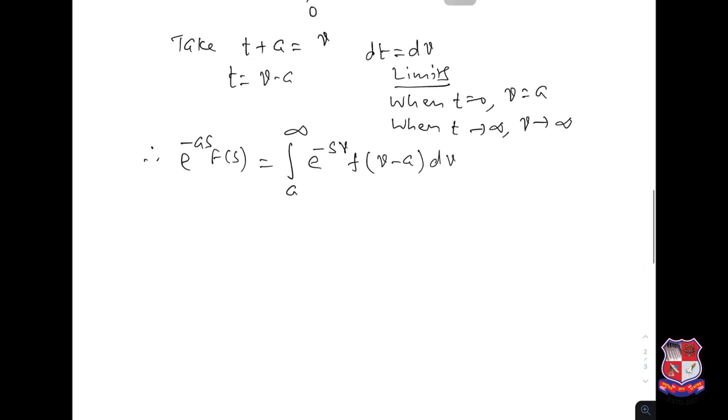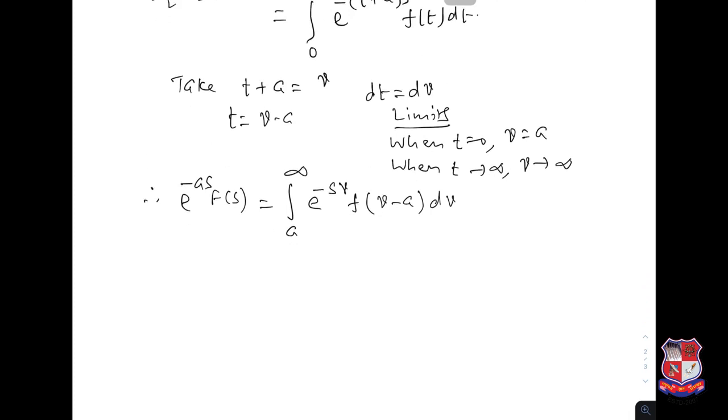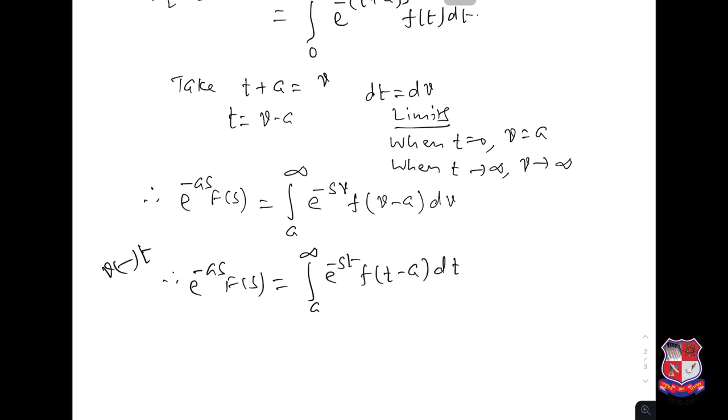And if you just change the variable again, you can simply replace v by t. So e to the power minus as F(s) is the integration from a to infinity of e to the power minus st f of t minus a dt.